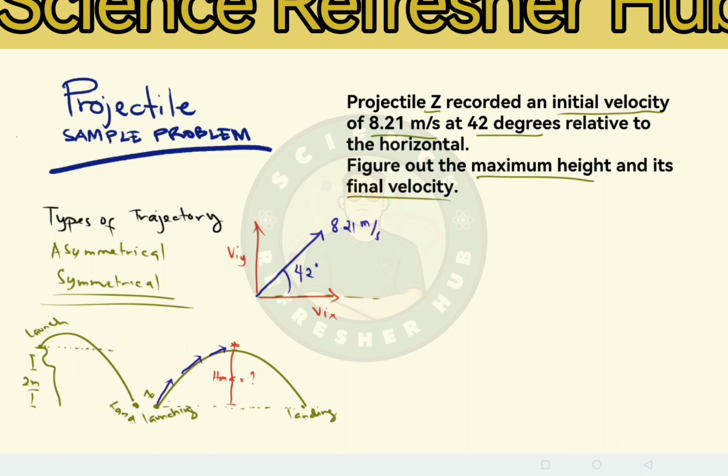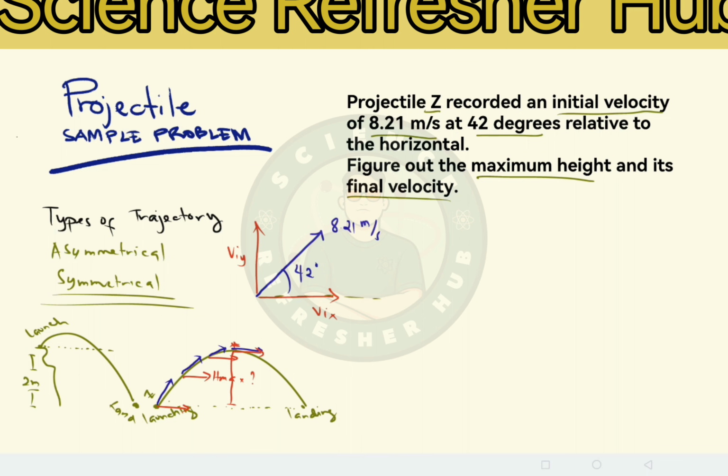When the projectile is at max height, the velocity will be equivalent to our VIX. VIX remains constant in our projectile. So the values stay the same.